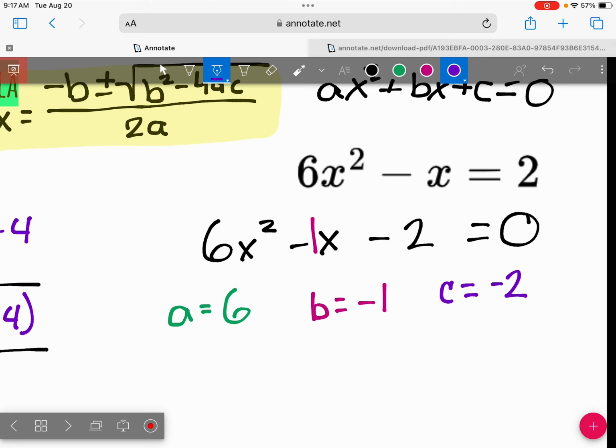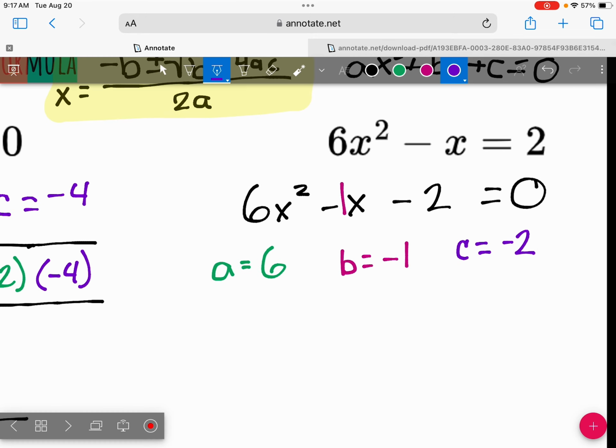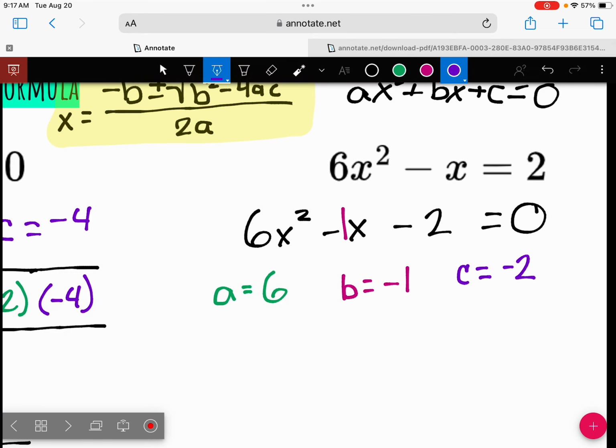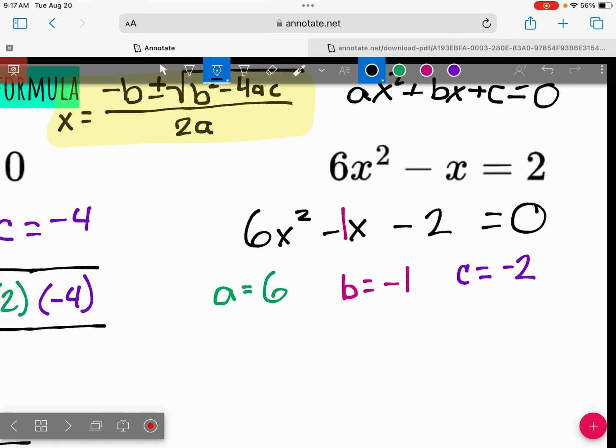I always substitute it in without simplifying anything because it helps me make sure I get stuff in the right spot and with the right signs. The signs are usually where we get tripped up. The math we're usually good with, it's the signs, the little minutia, the teeny tiny pieces. That's where we lose stuff.